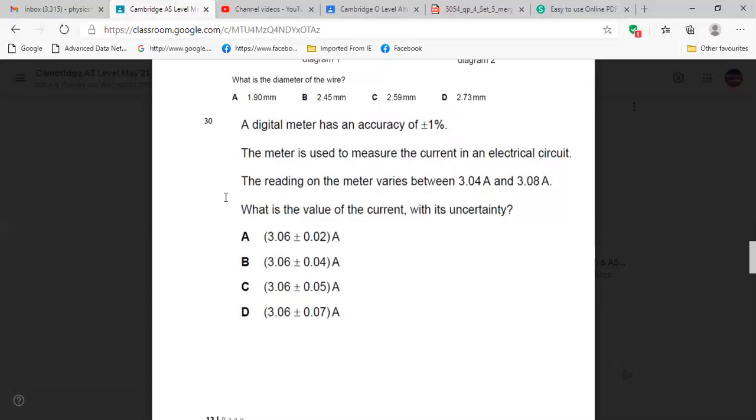Okay, so this one is a very tricky, difficult question, and it is one of the latest paper questions. How to do it? They are asking the value of the current with its uncertainty.